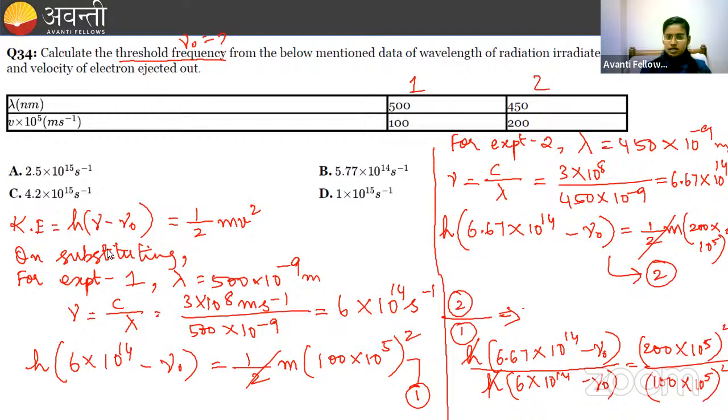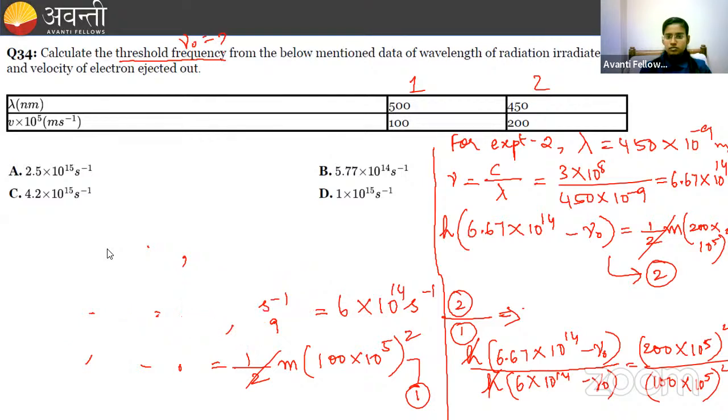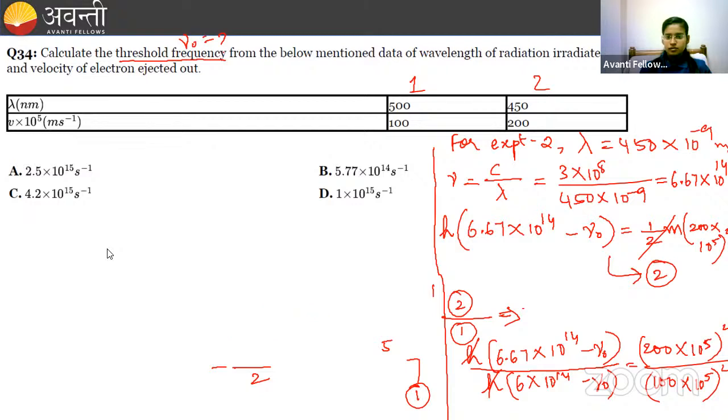So let me erase this part. So I have divided equation 1 and 2.